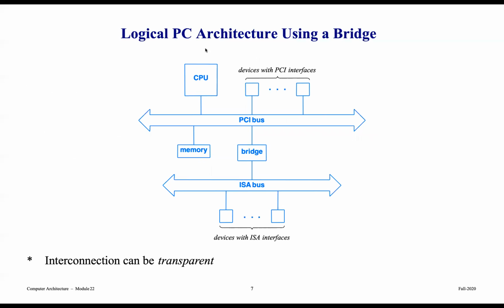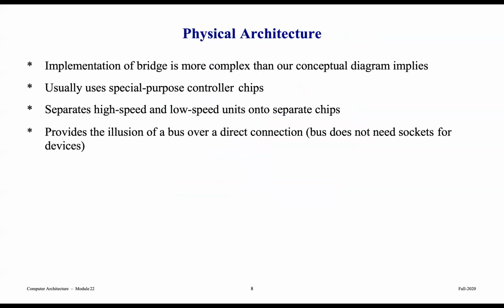Here, in terms of a logical PC architecture with a bridge, this is how it will look. The PCI and the ISA buses are hooked together with this bridge, and the interconnection is basically transparent, so we can work with those two different architectures.